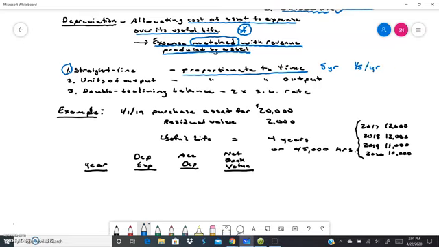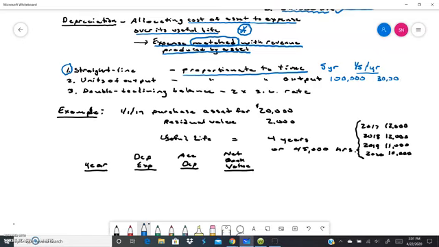So that's pretty simple. Units of output is where we're going to look at depreciating the asset proportional to the output. So for instance, let's say we had a truck that was going to be driven 100,000 miles. That was its useful life. And let's say that in the first year, it's driven 30,000 miles.